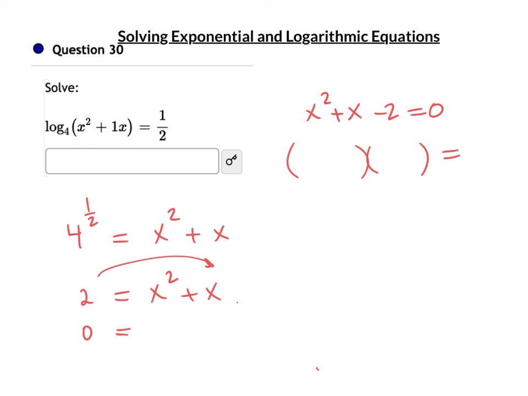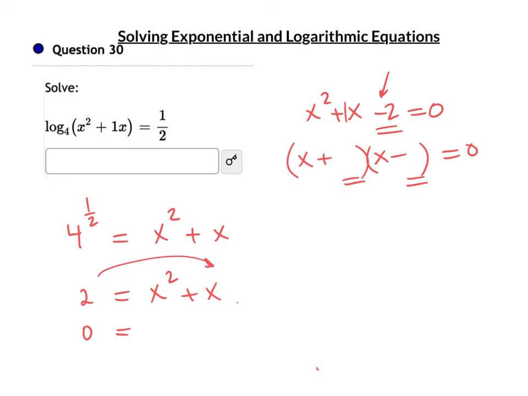Let's factor this thing. X times x is x squared. This number times this number makes negative 2. It's a positive times a negative. We need two numbers that multiply to 2, but add to positive 1. And because one's negative and one's positive, you can think subtract to 1.